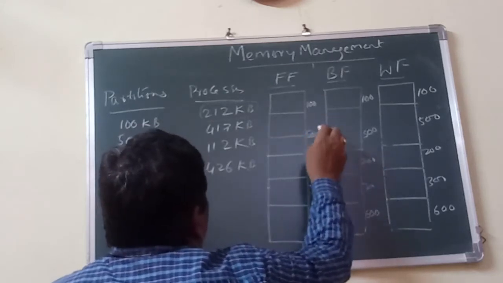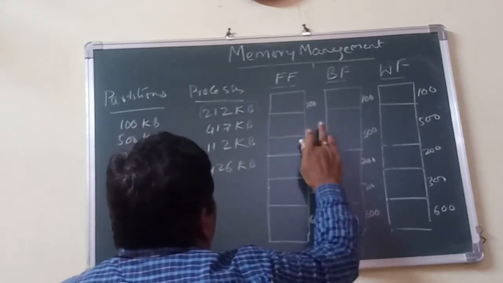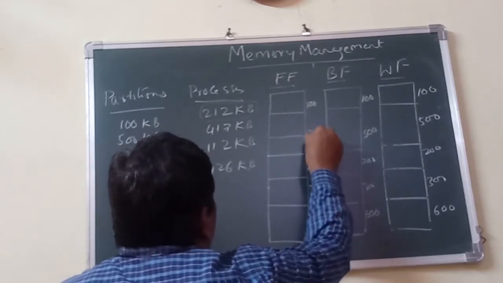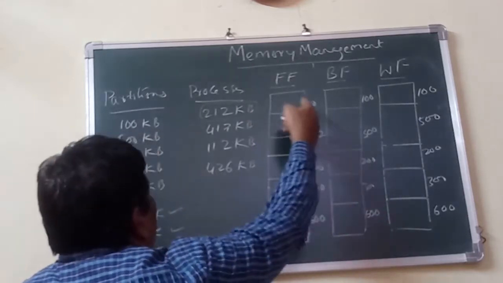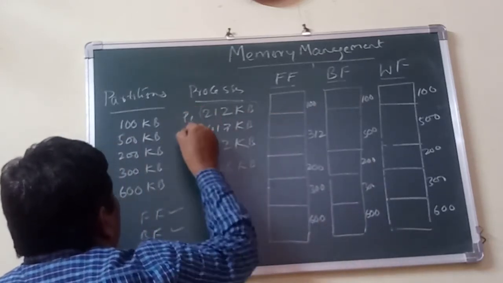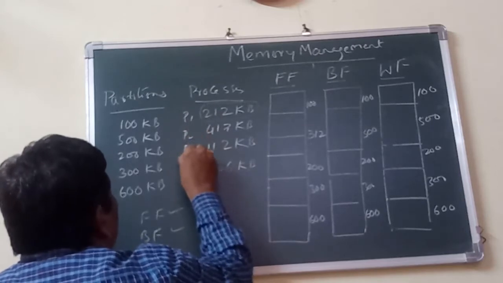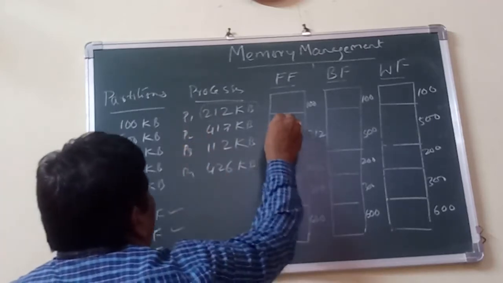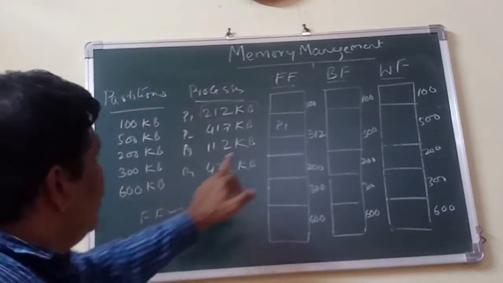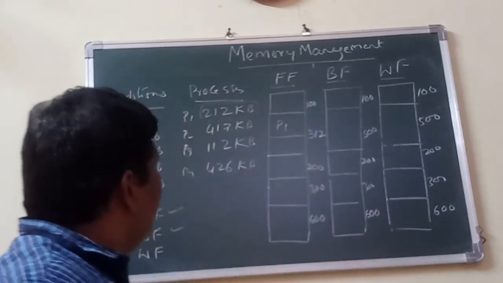So process P1 is accommodated here, and it is 100 plus 212, that is 312.